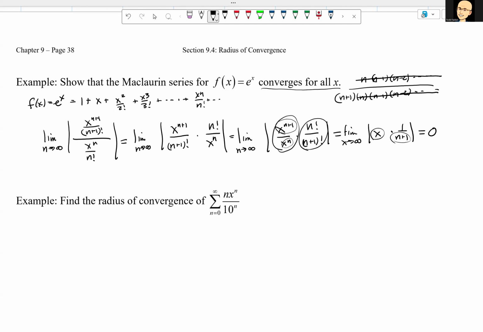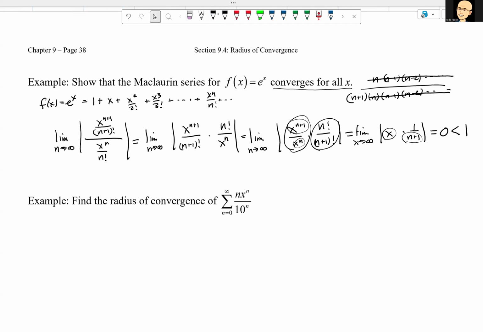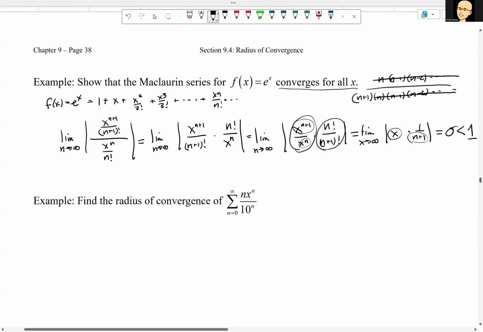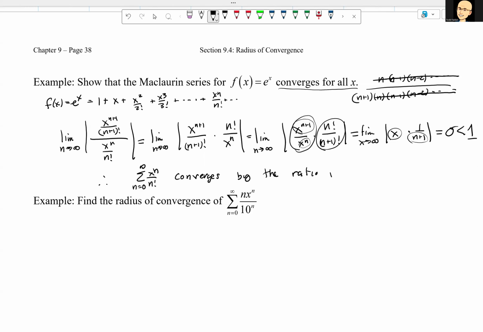That's equal to 0. That's our value of L, and that value of L is less than 1. Therefore, this series, x to the nth over n factorial, from 0 to infinity, converges by the ratio test.